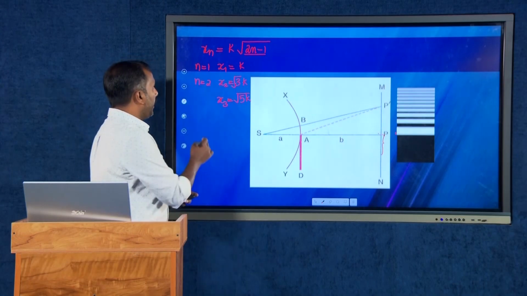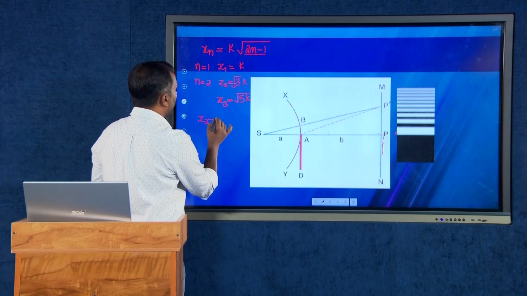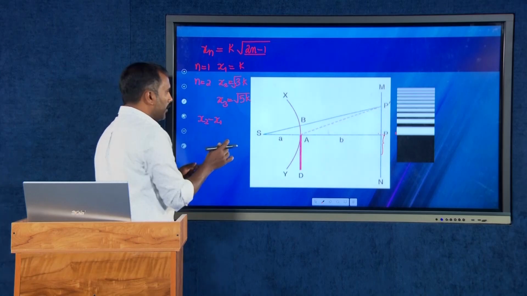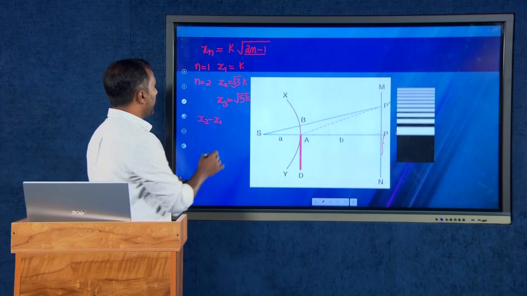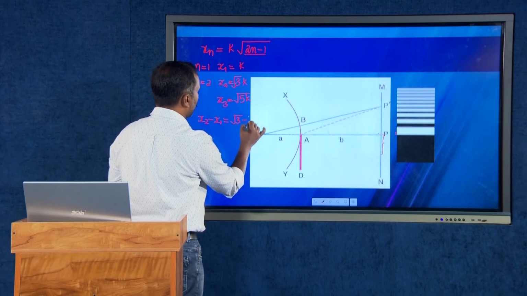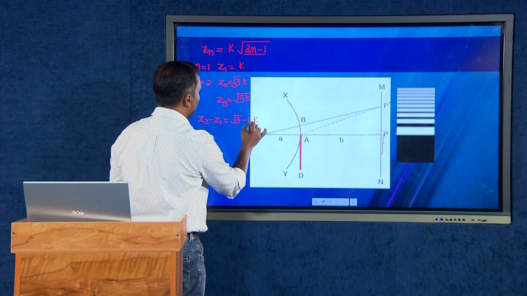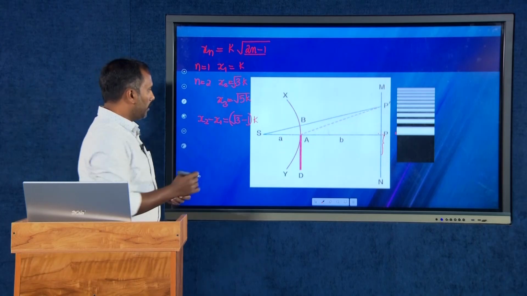So if I take x2 minus x1, this is the distance between the second maxima and first maxima, that will be (root 3 minus 1) k. So that will be 0.73 k.